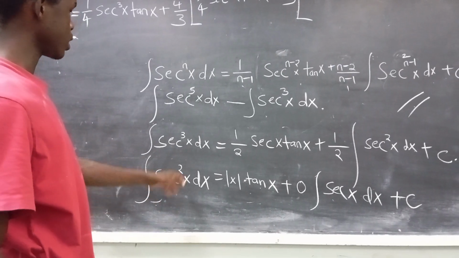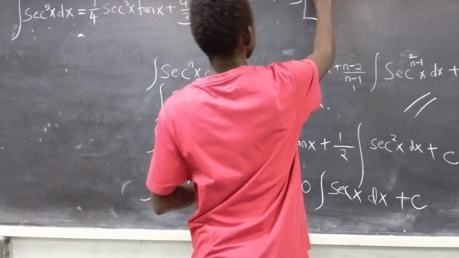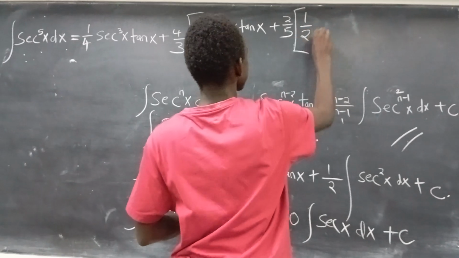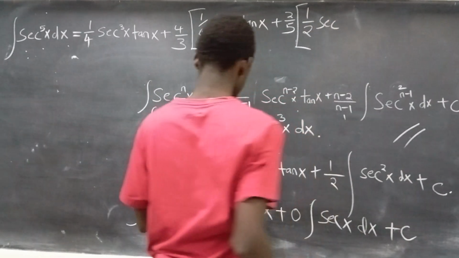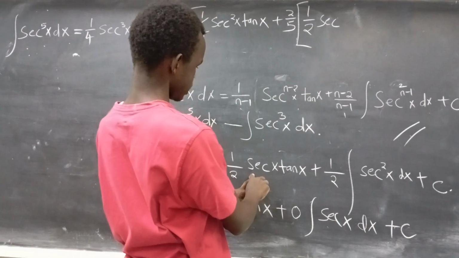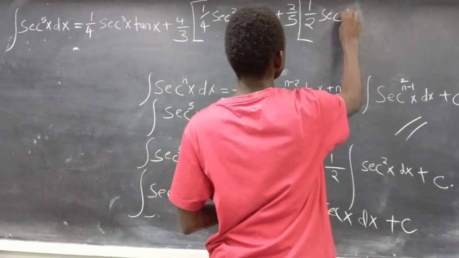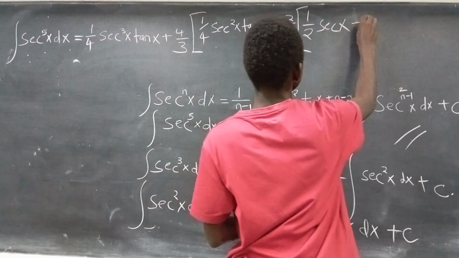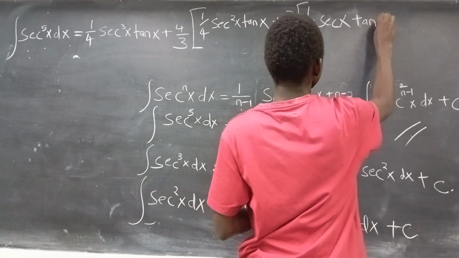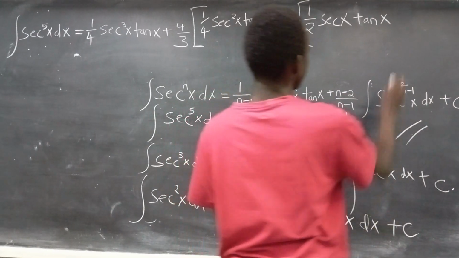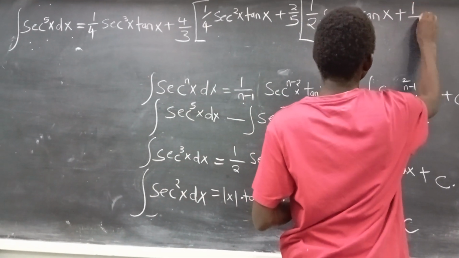We said it will be inside this. So our answer will be inside a half secant of x tangent of x, plus a half.